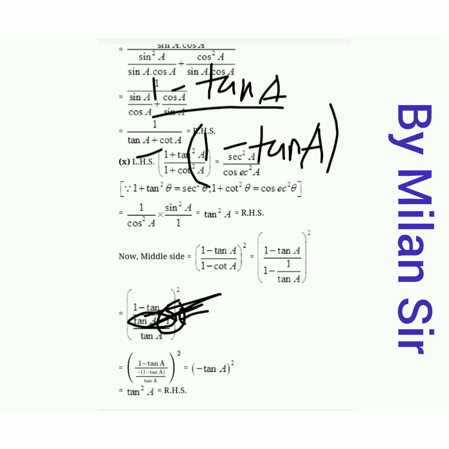So what I do here, I take minus as a common, then I change the sign of tan A and 1. Here my 1 is minus, so here I am writing plus 1. Here plus tan A, so here I am writing minus tan A, because I take minus sign as a common. Now denominator as it is, it's tan A. Now numerator denominator same, so cancel.